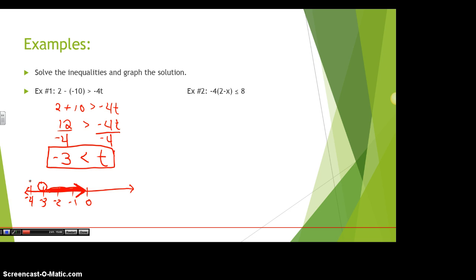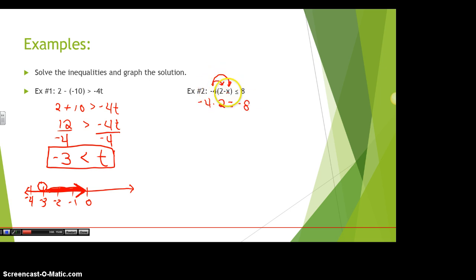Let's go on to example number 2. Here we have negative 4 times the quantity 2 minus x, which is less than or equal to 8. For this example, we need to use the distributive property. You would multiply negative 4 times 2, which gives me negative 8.